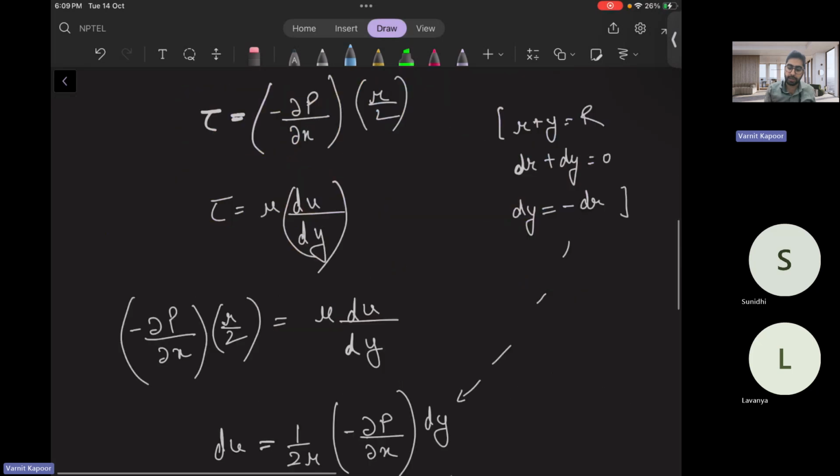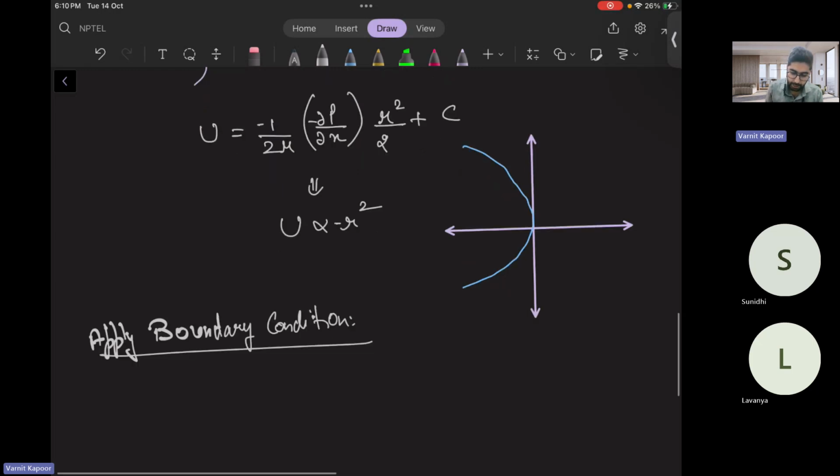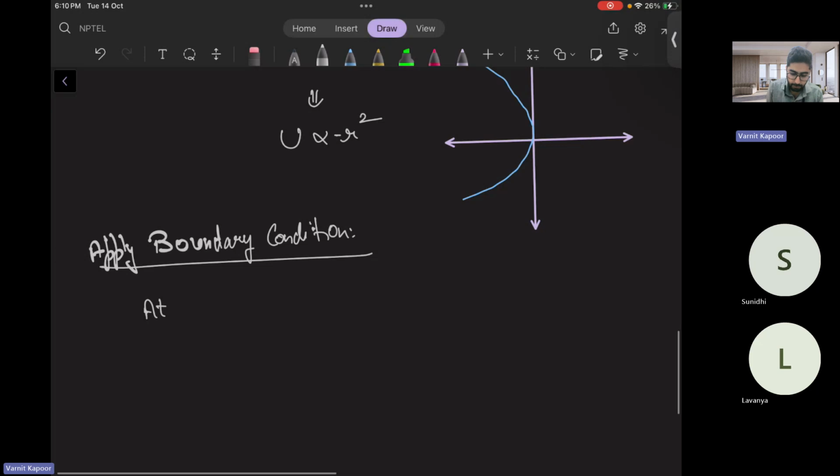Now we will apply a boundary condition to get this constant value. What will be the boundary condition? At r equal to capital R, your velocity will be 0 because the no-slip condition applies.